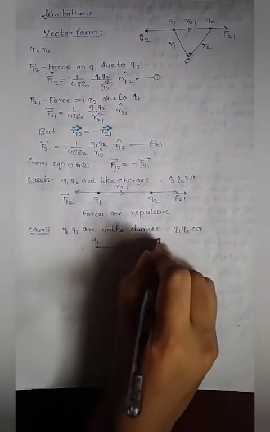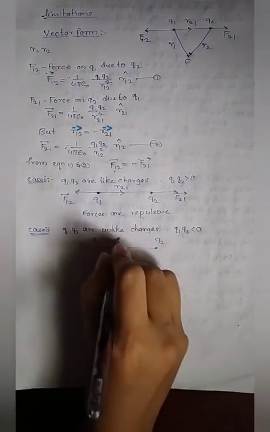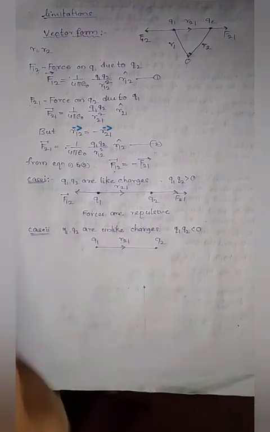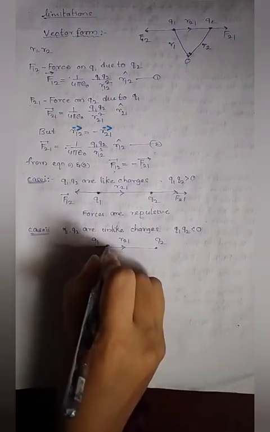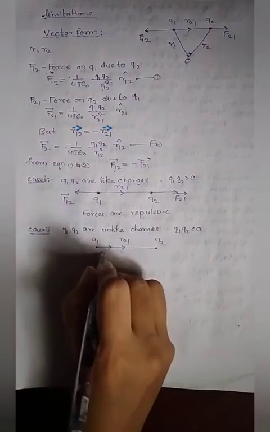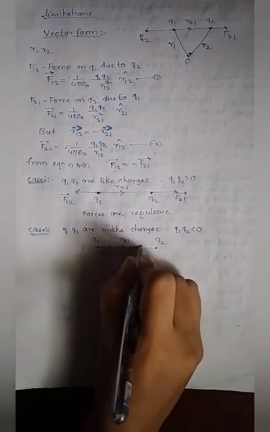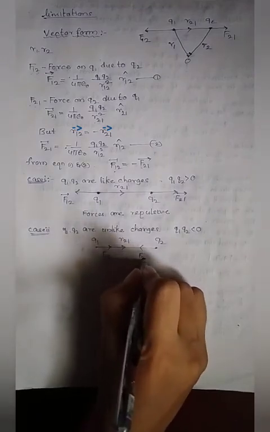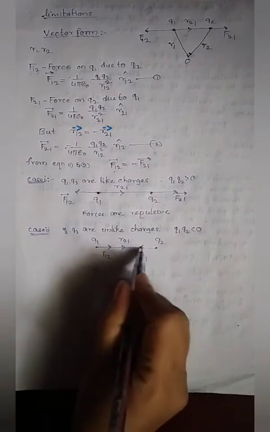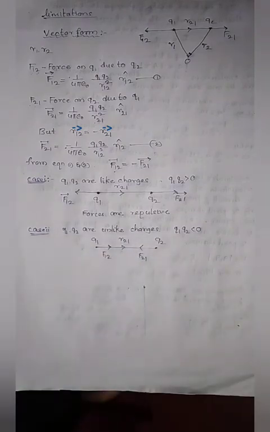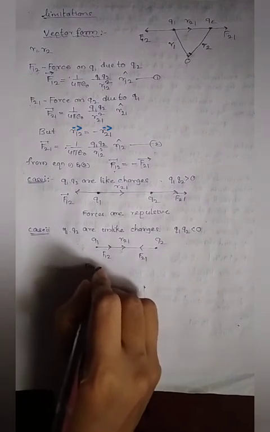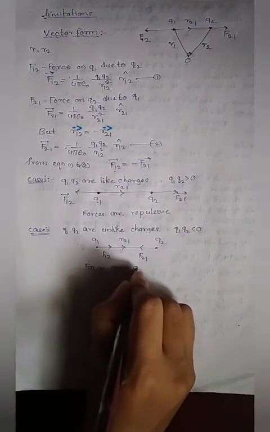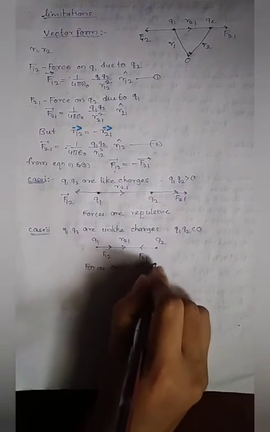These are charges Q1, Q2, and R21 is the distance between them. Here these are unlike charges. We know unlike charges always attract each other. So this will be the direction of F12 and this will be the direction of F21. This arrow mark represents that both forces are attractive in nature.